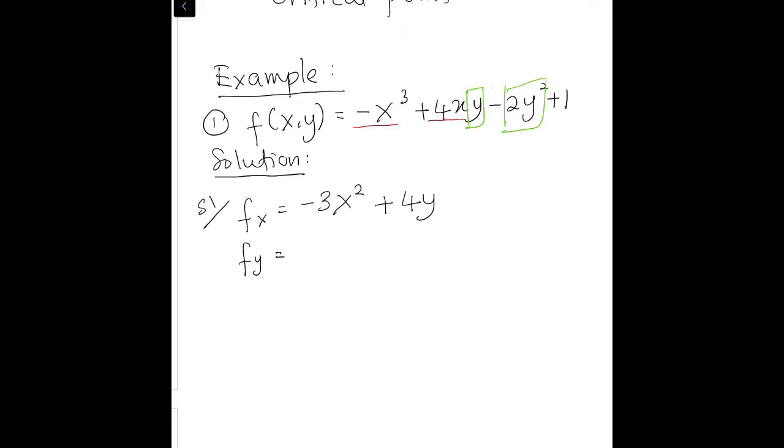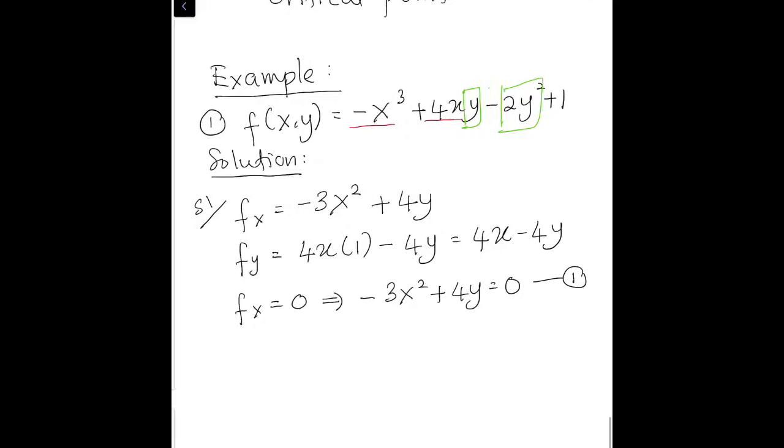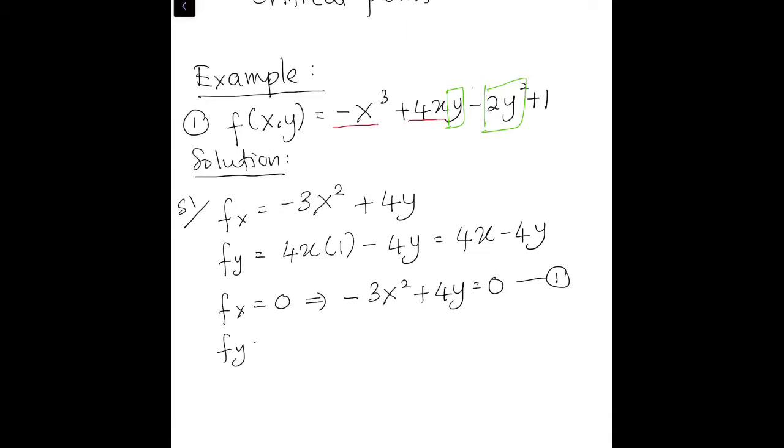Differentiate both of them partially, we have 4x times 1 minus 4y, so 4x minus 4y. Then we let fx equal to 0, this is equation 1, and fy equal to 0, and this is equation 2.